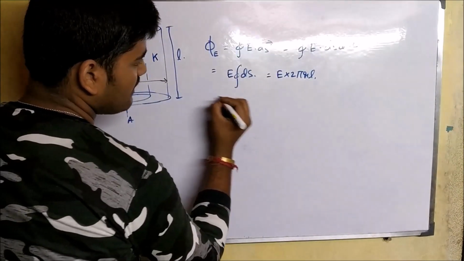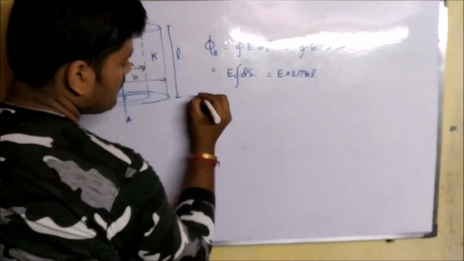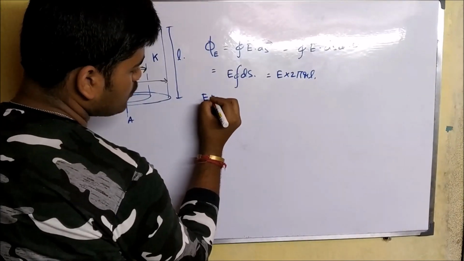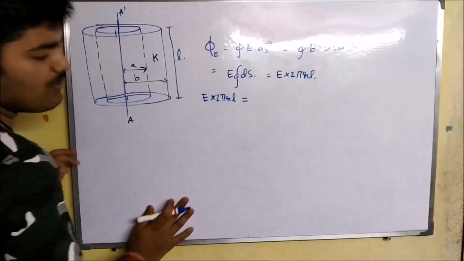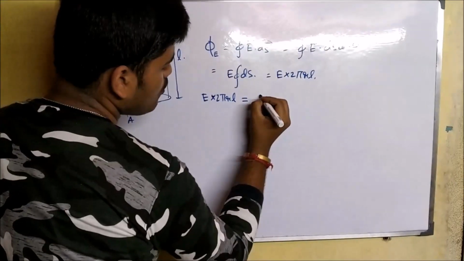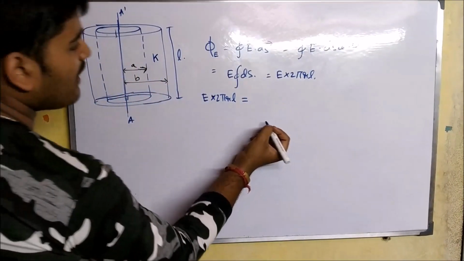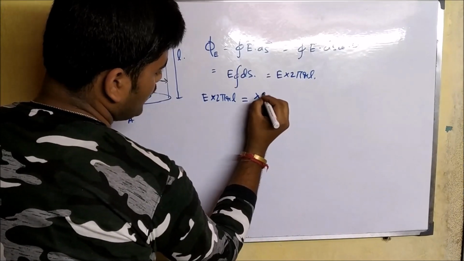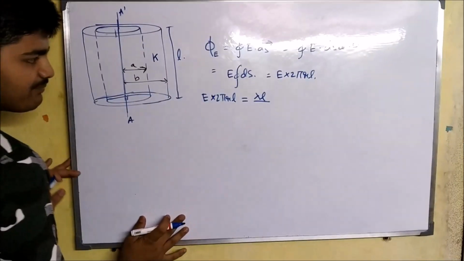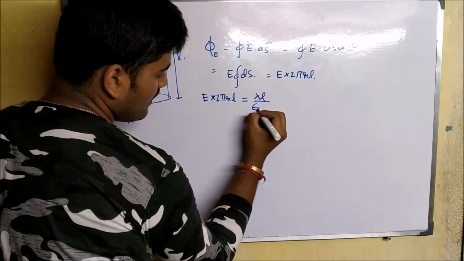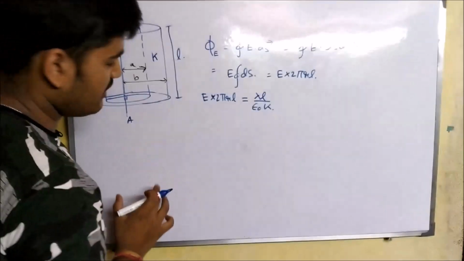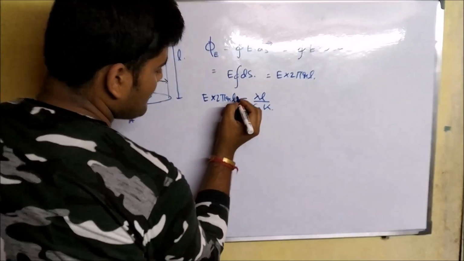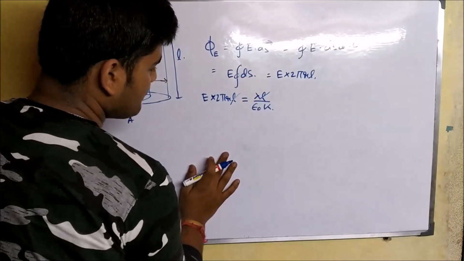So we can write this as E into 2πRL equals Q in, that is Q equals λ into L divided by ε₀K, as a medium is present between the two hollow cylinders. So we can write it as L, and L will get cancelled.